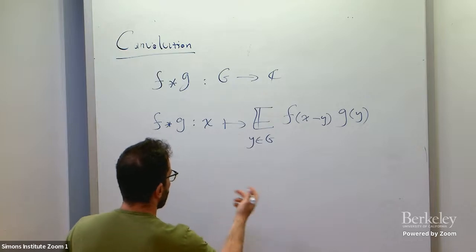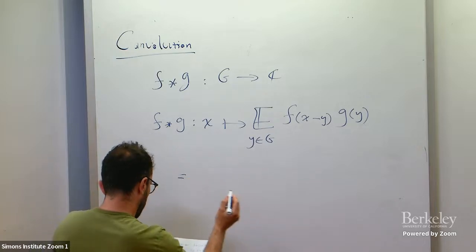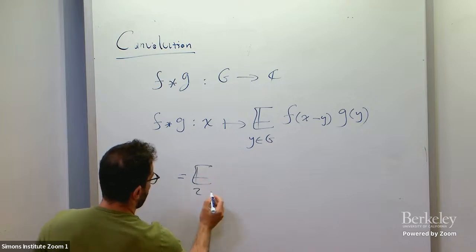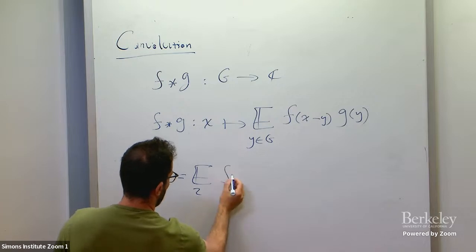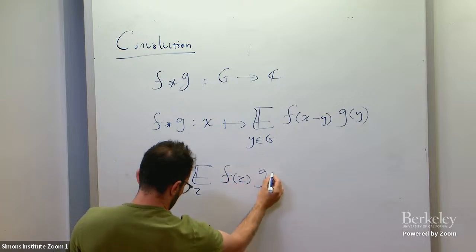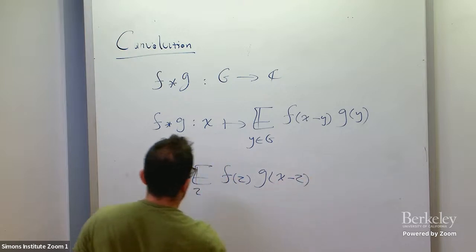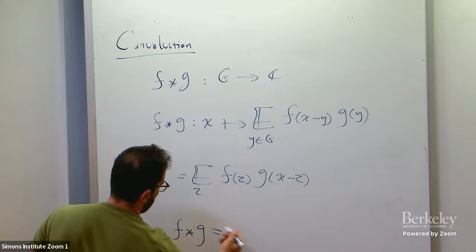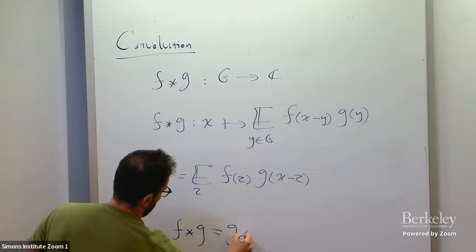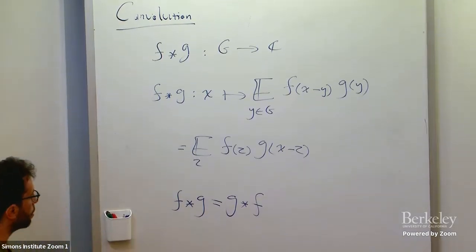And you can do a change of variable, calling this thing z, and write this as the expected value over z of f(z) g(x minus z). Because of that, it's commutative. The order doesn't matter.